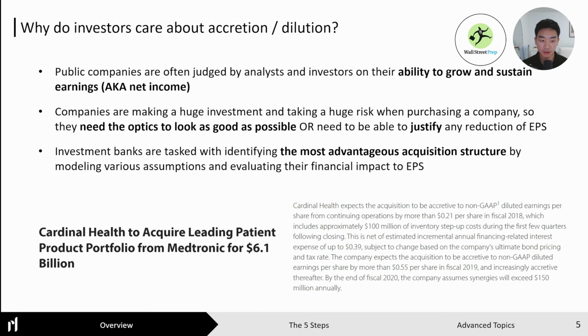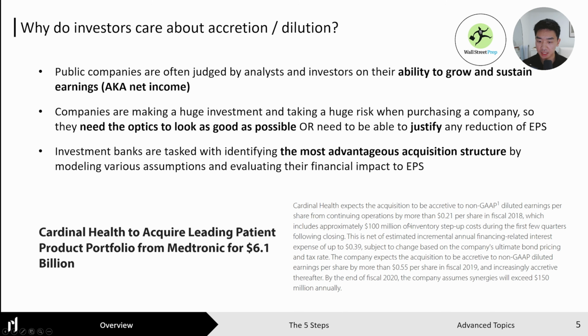Just to give you guys another example, this is a deal that I actually worked on, a $6 billion deal where Cardinal Health acquired a $6 billion divested asset from Medtronic. And you can see on the right here, this is a press release that my team and I actually had to edit. You can see here that it says GAAP diluted earnings per share from continuing operations was accretive by more than 21 cents per share.